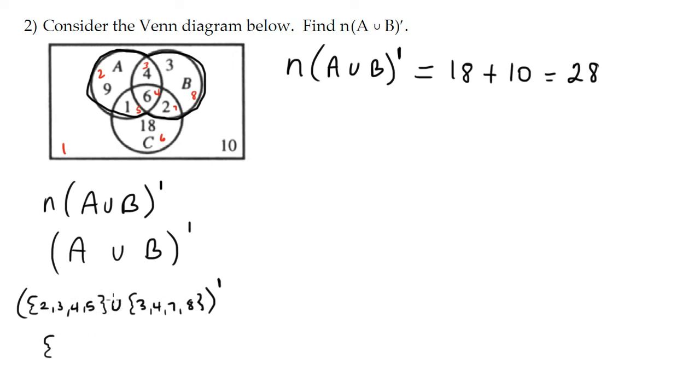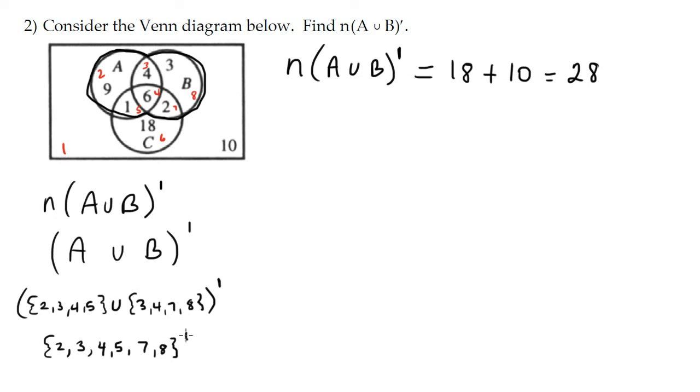If this asked for the intersection, then I would see what they have in common. But this wants the union, so 2, 3, 4, 5 joined up with 7, 8. These are the regions in the union of A and B: 2, 3, 4, 5, 7, 8.